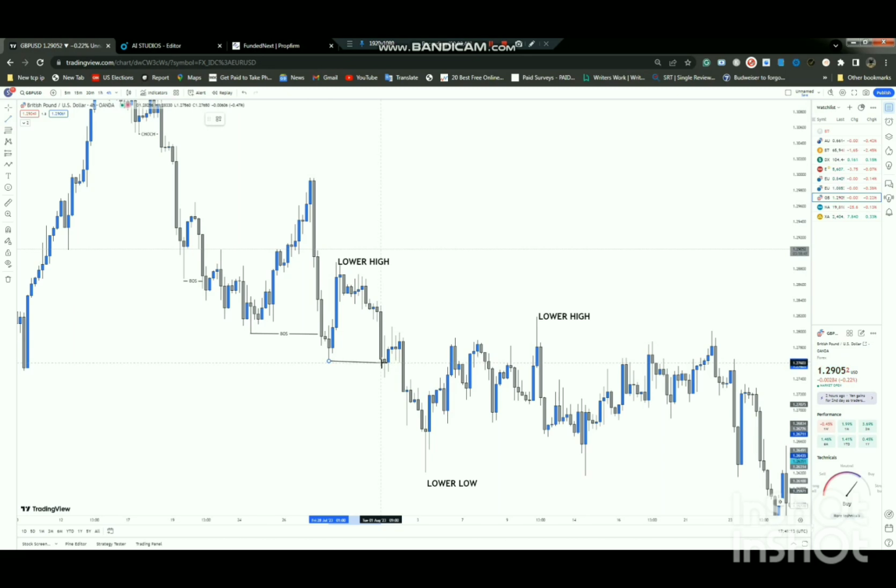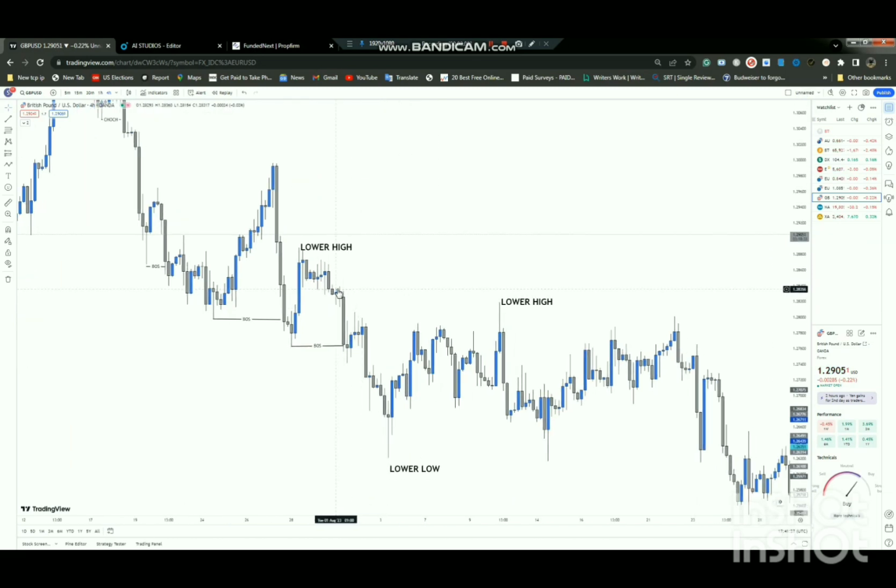It's a complete downtrend. So after creating a BOS here, you should be lining these lines well. After creating a BOS here, let's say this is a BOS, it left another block here, and this other block is where we target our sell again.